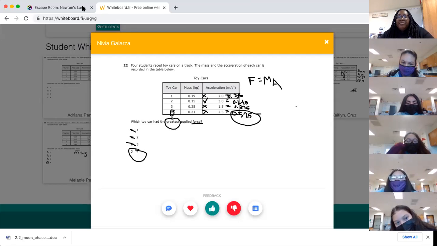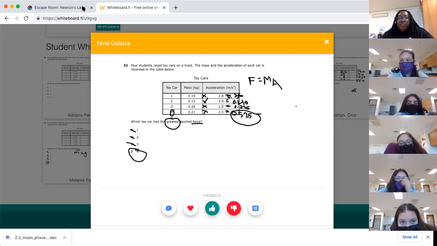Okay, so I used my formula F equals m times a, which is mass times acceleration, and I multiplied all the masses and accelerations together, and the greatest one was toy car number 4, which was 0.525, and so I picked J.